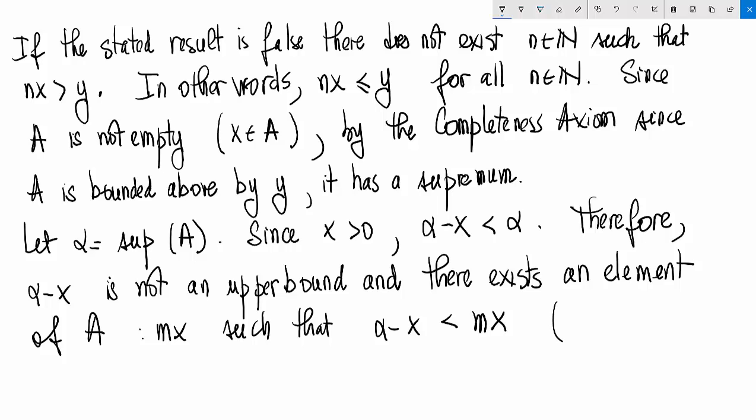Remember here, this means that by definition, because mx is in A, m has to be a natural number. Remember that A contains all numbers of the type nx, where n is a natural number. So you can find an element in the set which is bigger than alpha minus x.